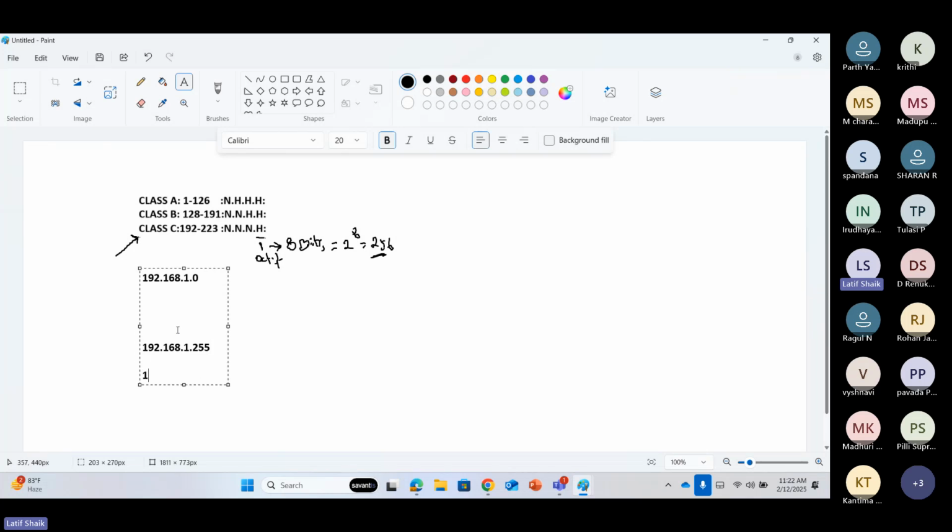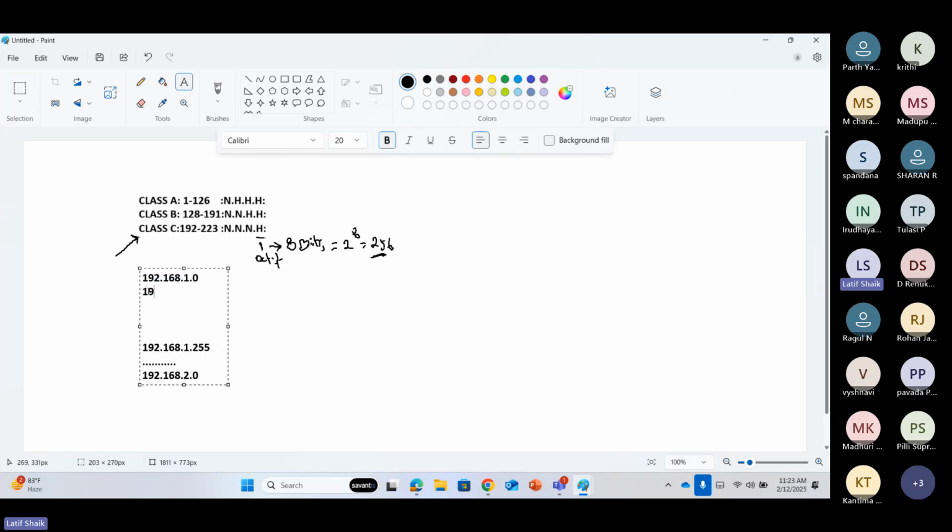The next one after this, number-wise, is 2.0, so the network portion is different, which means it is a separate network. So from this to this is one single complete network.